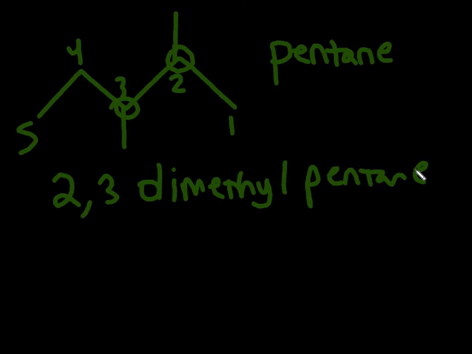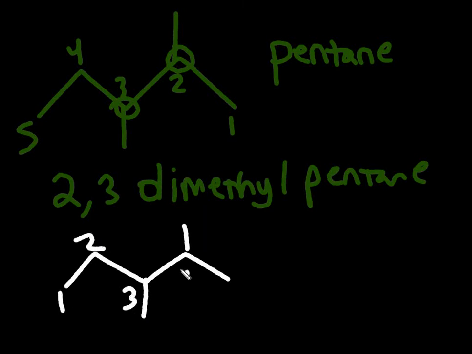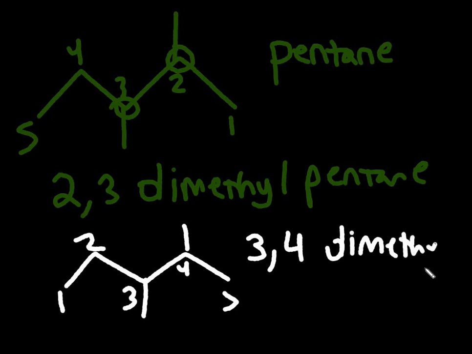Now, if we were to do it in the reverse, we could have said 1, 2, 3, 4, 5. And this would have been 3,4-dimethylpentane. But that's not good at all.